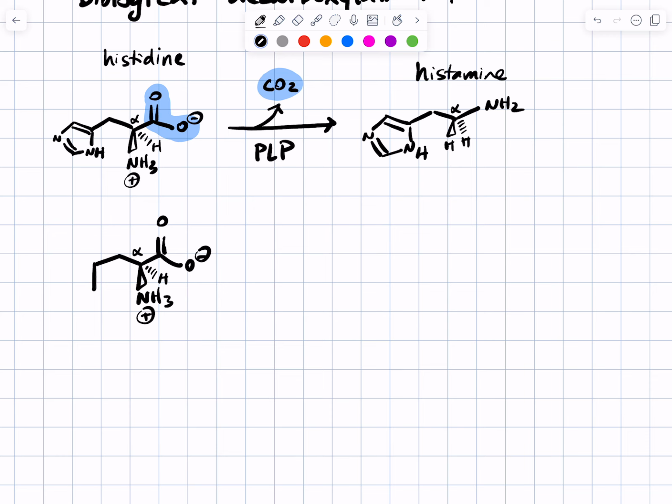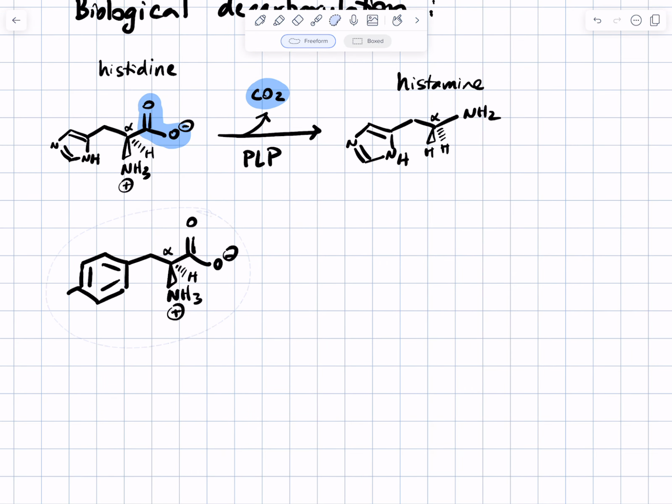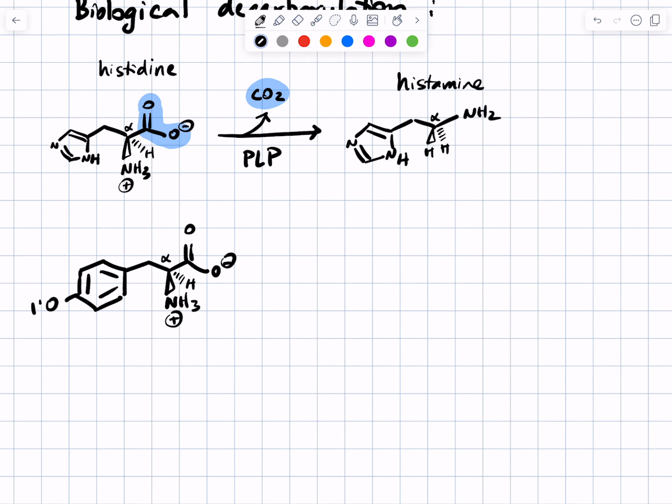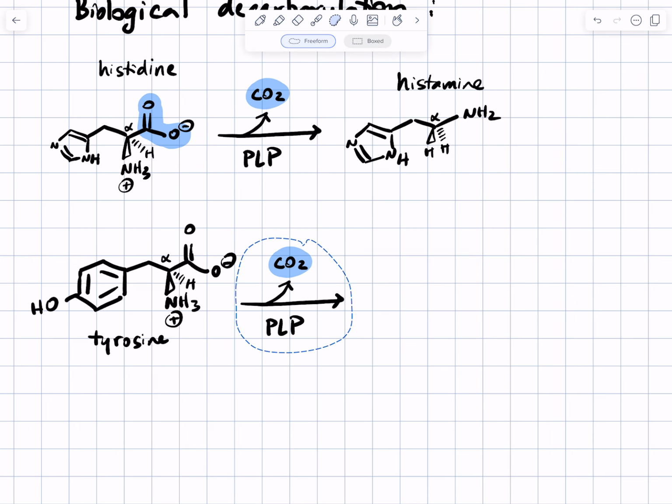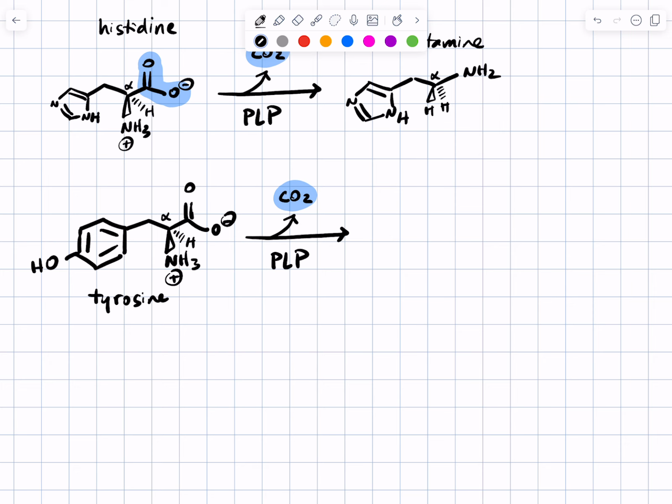It's kind of like histidine, only you've got a benzene ring and a para-hydroxy group here. This is called tyrosine. The amino acids have a 1-letter code, and tyrosine is Y because we use T for something else. So Y is for tyrosine. You will use the same set of reaction conditions, but a different enzyme, using PLP as a cofactor, and that will leave everything about the molecule.